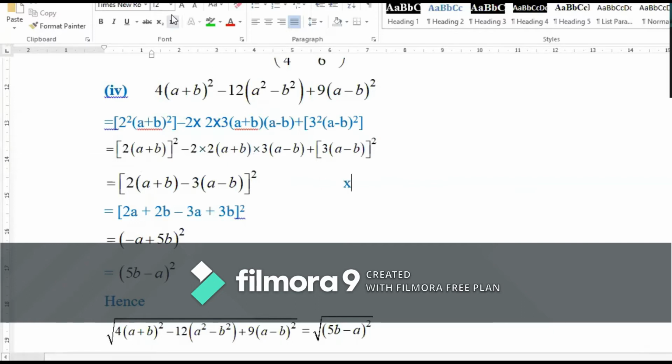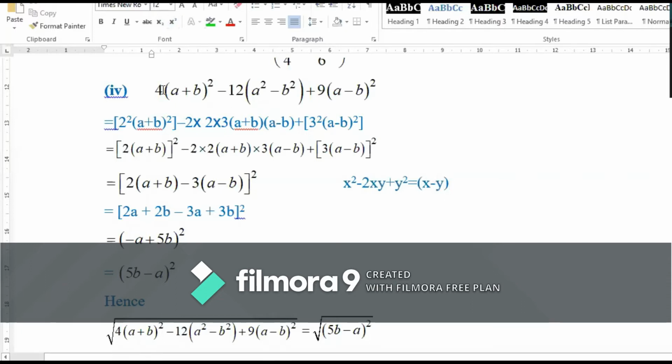if it is x square plus y square, or plus or minus 2xy and plus y square, this is equal to (x minus y) whole square.